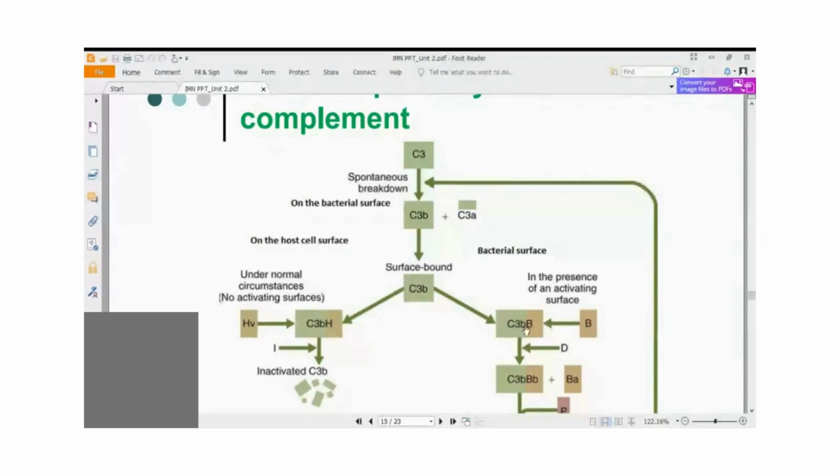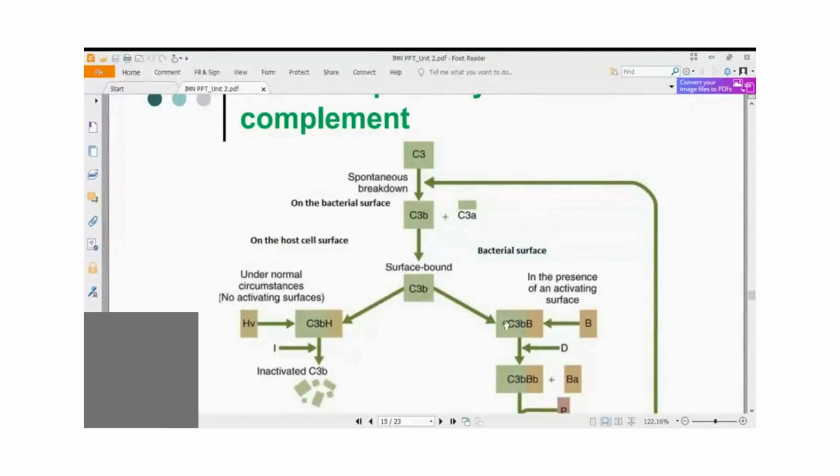As soon as factor B attaches to that C3b complex, it becomes a substrate for proteolytic digestion by an enzyme, that is factor D. Factor D is an enzyme. It acts on the factor B once it forms a complex with C3b.